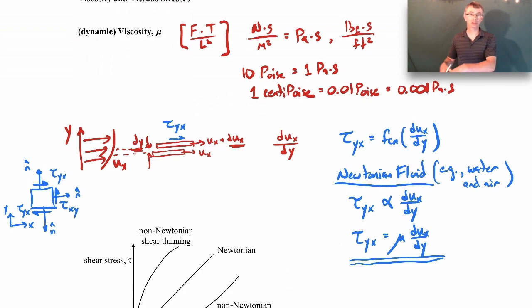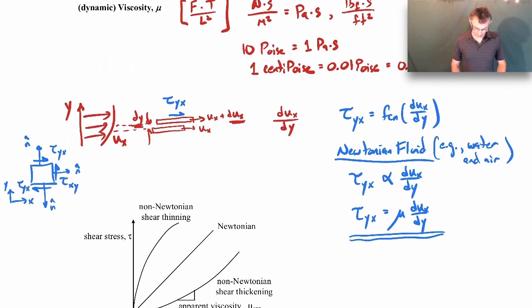You have Newtonian fluids and non-Newtonian fluids. But fortunately for us, water and air are both Newtonian, and it's relatively easy to work with those fluids compared to non-Newtonian fluids. So this is an important point to keep in mind, that for a Newtonian fluid, the shear stress is equal to the dynamic viscosity times the velocity gradient. We're going to use that frequently in this course.